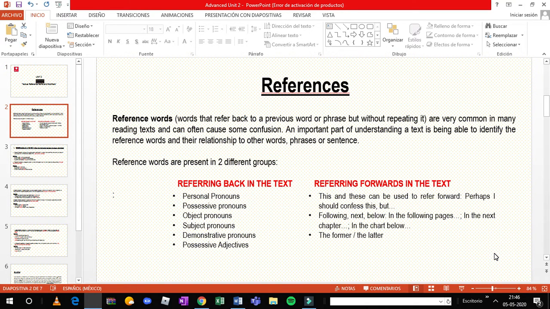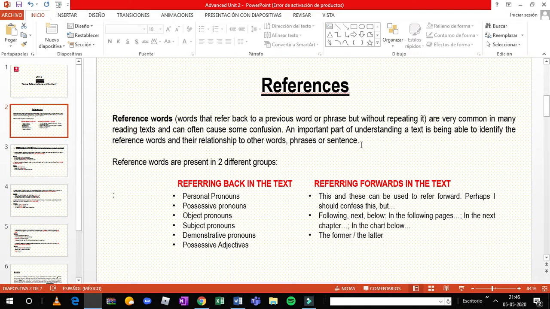Okay, so let's begin by understanding what reference words are. Reference words mean words that refer back to a previous word or phrase but without repeating it. They are very common in many reading texts and can often cause some confusion.